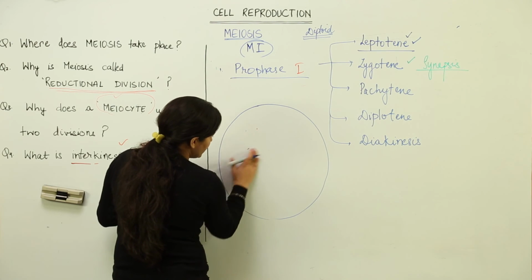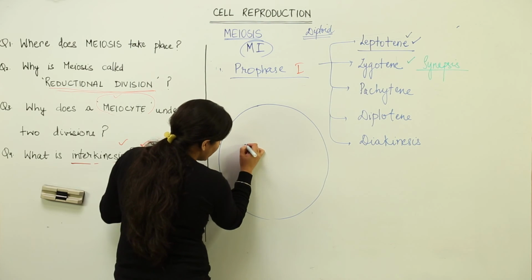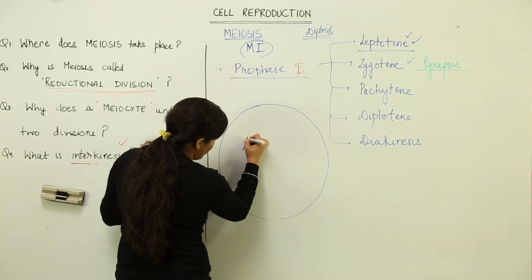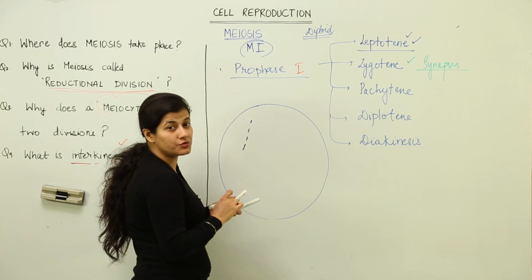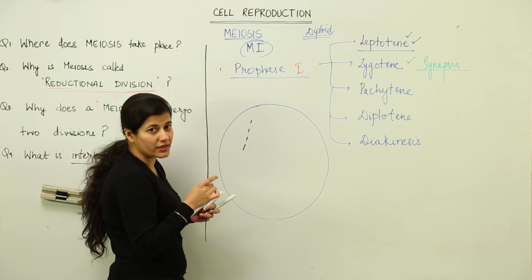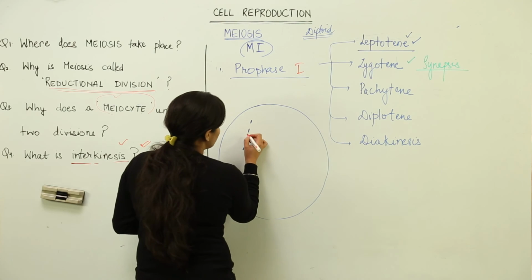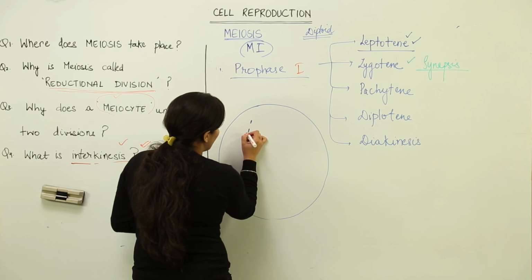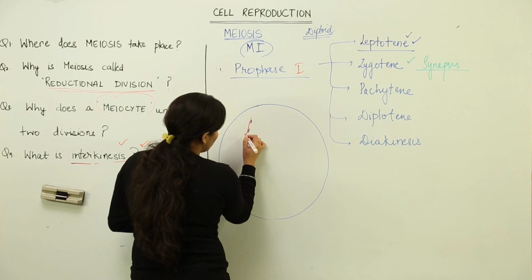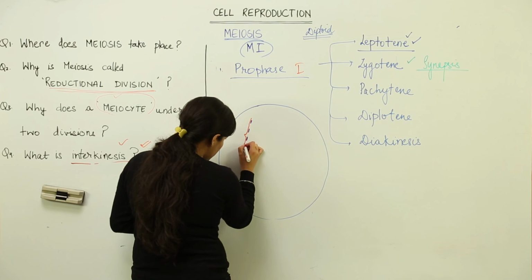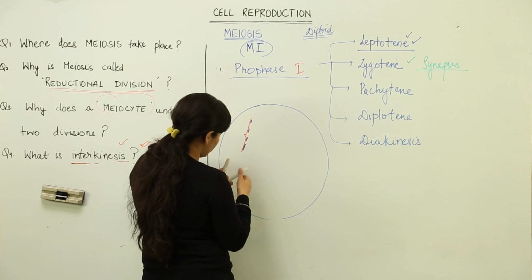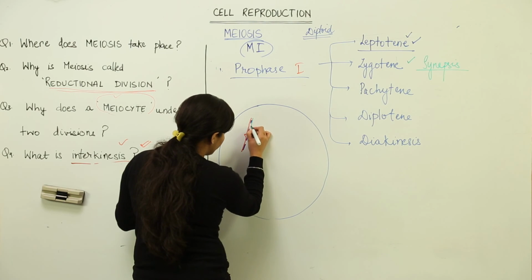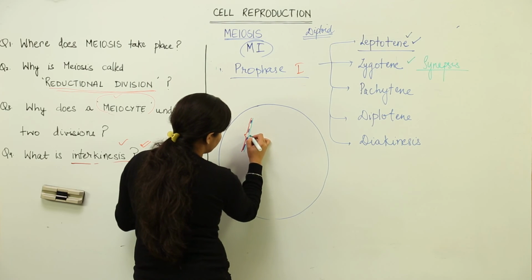Take this as the synaptonemal complex, which results in synapsis. Another term has come into being, the synaptonemal complex. It is made of proteins which arrange in such a way that the non-sister chromatids of the homologous chromosomes come close to each other and join like this.